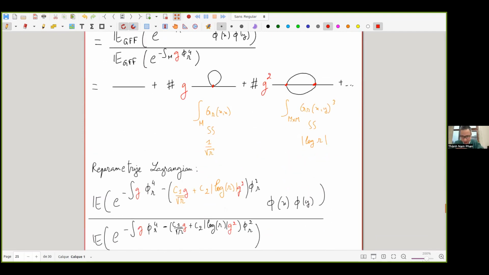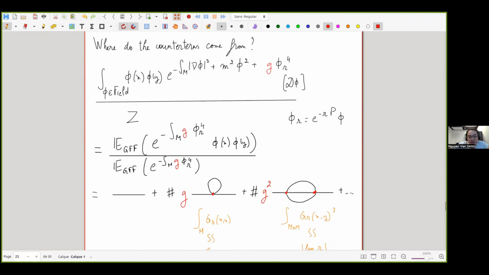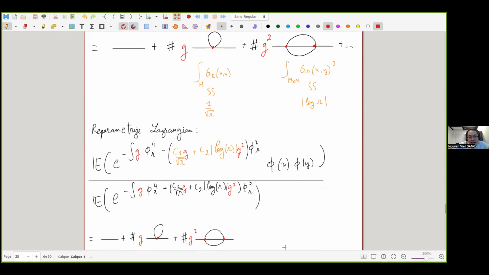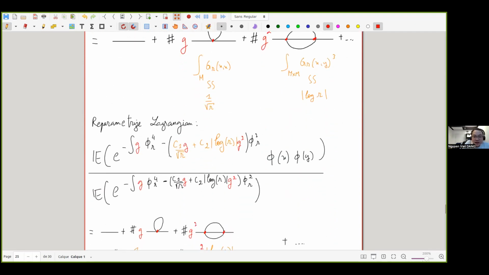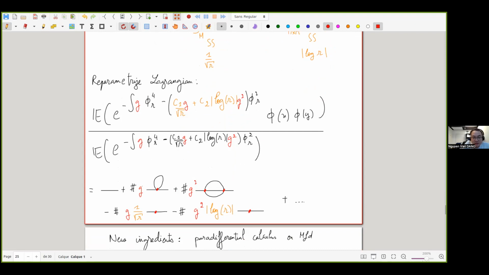Here I gave a slide, and you can find in the slide that if you subtract exactly these two counter terms in the Lagrangian of the Phi^4_3 model, you will cancel out the divergence coming from the tadpole and from the sunset in the expansion of the 2-point function.